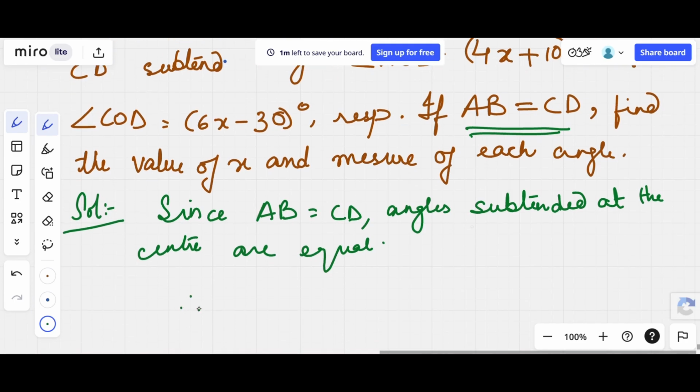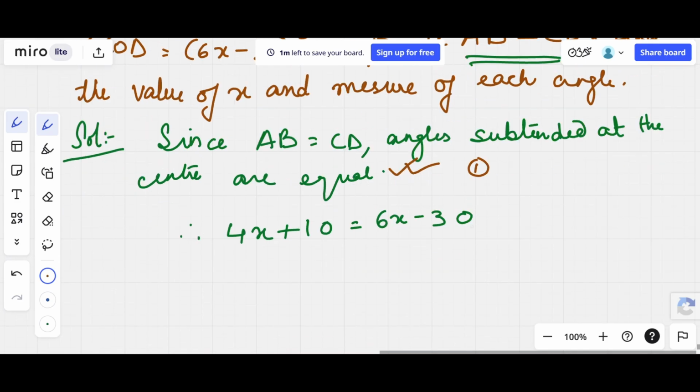That means 4x plus 10 will be equal to 6x minus 30. This line itself will give you 1 mark because that shows you understand the theorem. You are implementing it in the question. Implementing is very important. These are application level questions, kids.